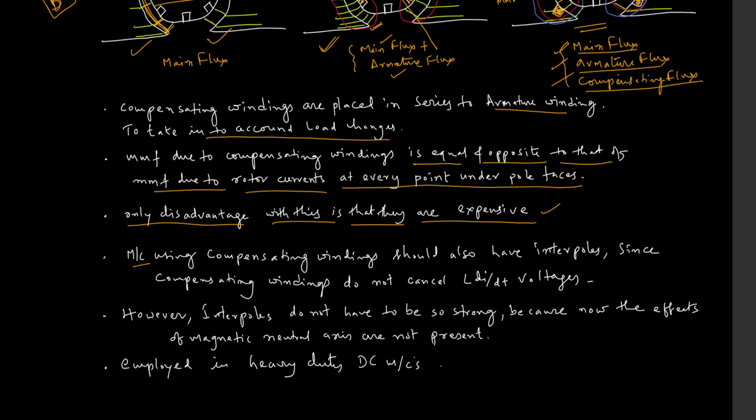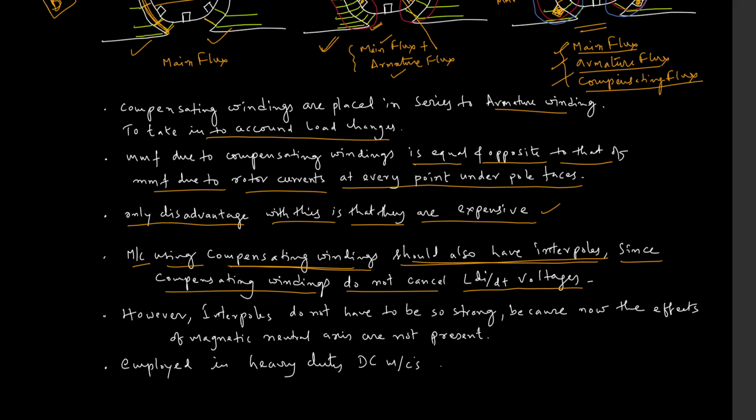Now machines using compensating windings should also have interpoles. Listen, machines using compensating windings should also have interpoles. So if I use compensating windings, I also have to use interpoles, since the compensating windings do not cancel L dI/dt voltages.